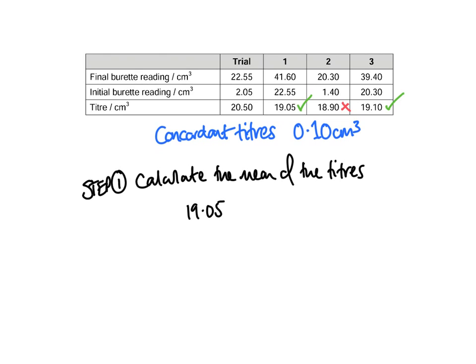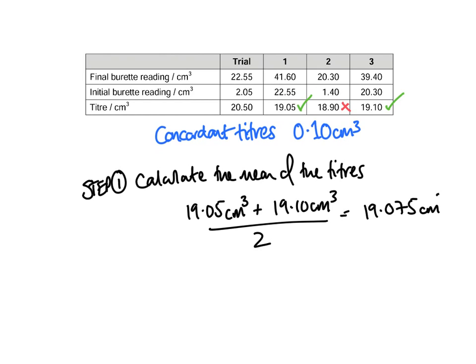Because we have 2 values, we just add those together and divide by 2. This gives us 19.075 cm³. What's important at this stage is that later on we are going to be working in dm³, so we need to convert this to dm³.